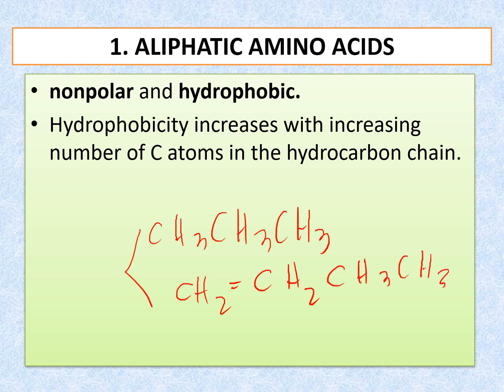Those are examples of your aliphatic amino acids. Aliphatic group. So aliphatic amino acids basically are nonpolar and hydrophobic. Nonpolar, which means they cannot have polar interactions with polar molecules. Hydrophobic means water hating. Again, they cannot interact with water.